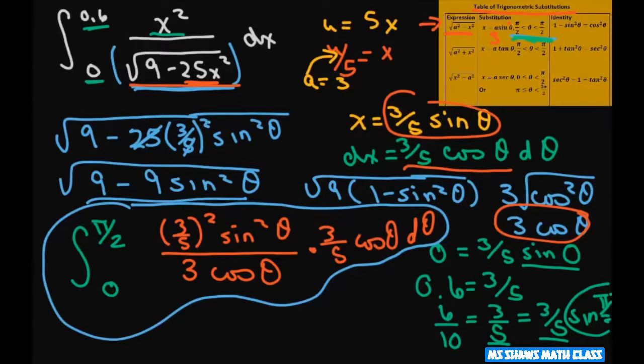So the first thing I'm going to do is, this is going to be 9/25 times 3/5, and divided by 3 is the same as multiplying by 1/3. And I'm going to pull it out. So when you do that, you're going to get 9 divided by 125 from 0 to pi divided by 2.